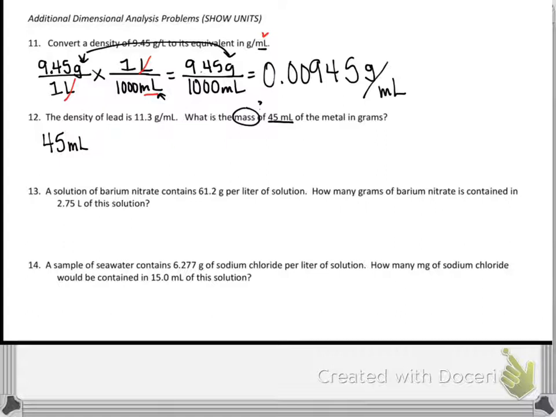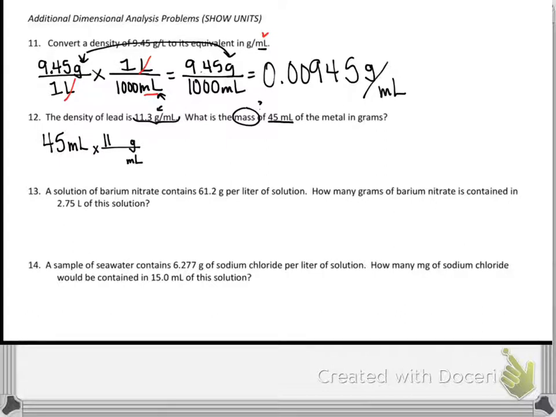Well, in this case, the information that's given to us is 11.3 grams per milliliter. So we want to get rid of milliliters, so milliliters will go in our denominator, and we want to end up with grams. Because grams is on this side of the little dash line, that means it's in the numerator.